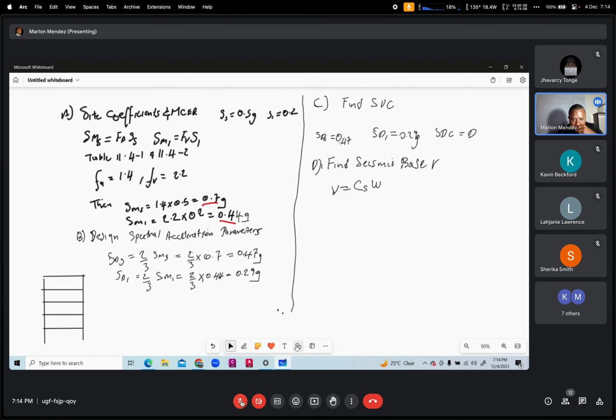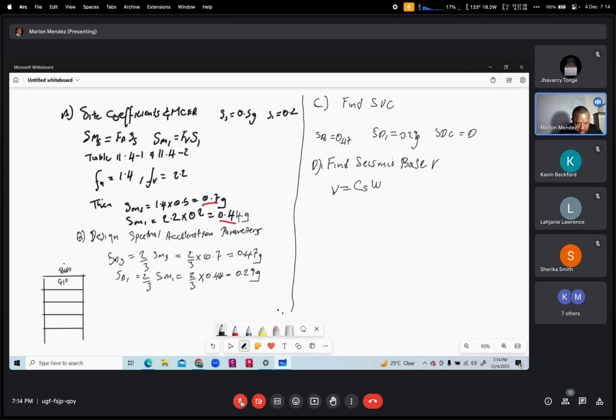Good. So the height of the building. Each floor, the weight of the floor. The roof level is just say here 840.